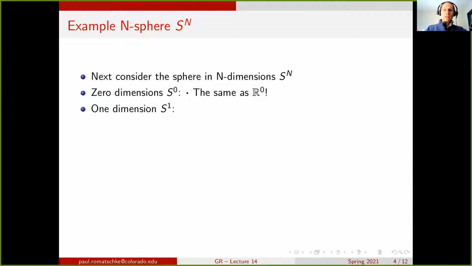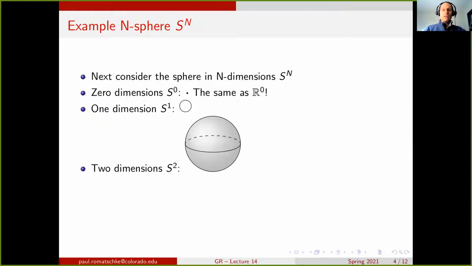In 1 dimension, S^1 is a circle. You can see that we get the manifold S^1 by taking R^1 and compactifying the two ends together to form a ring. In 2 dimensions, S^2, we go one dimension higher, so we get the surface of a sphere. Again, this generalizes to higher dimensions.